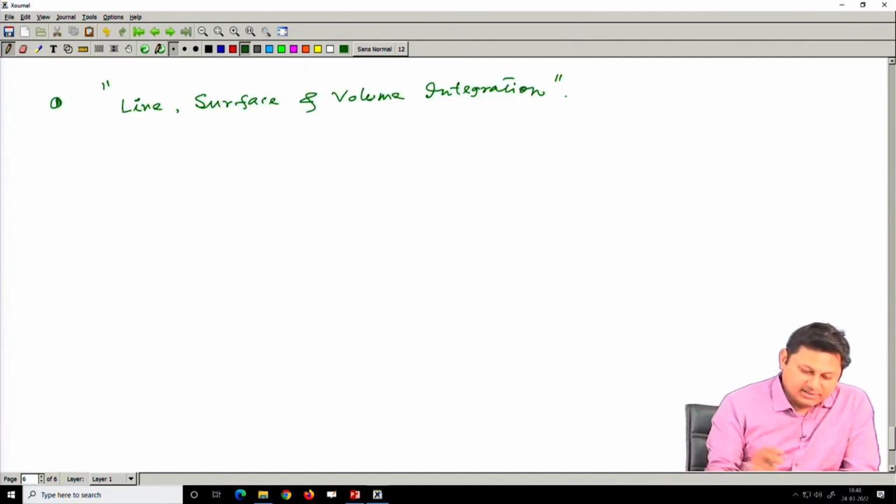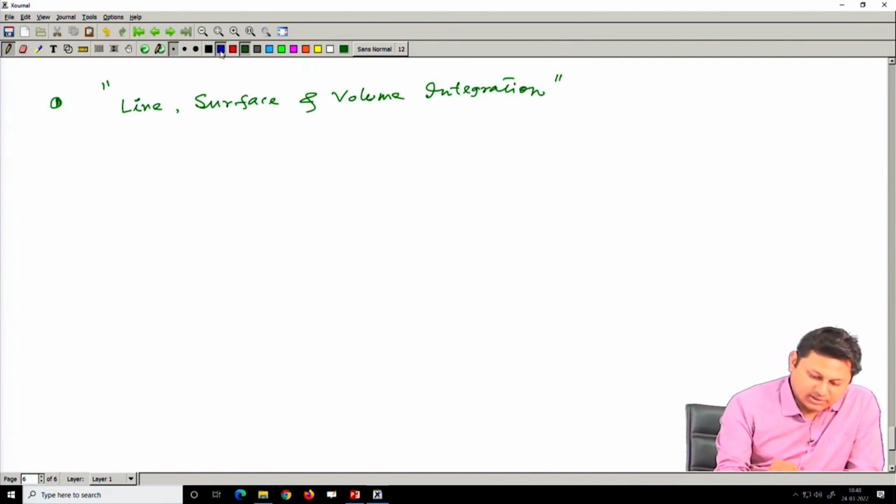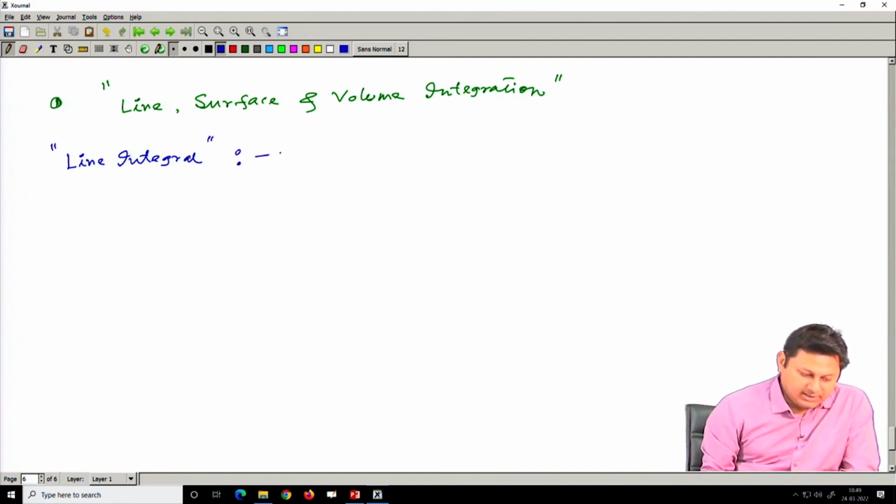Okay, so let us start with the line integral. What is the meaning of that? Normally we define it with a vector field, and I write it like A dot dl.